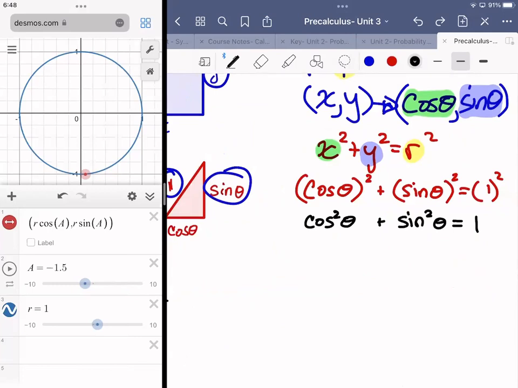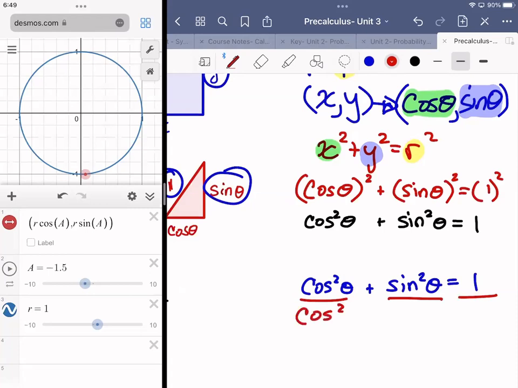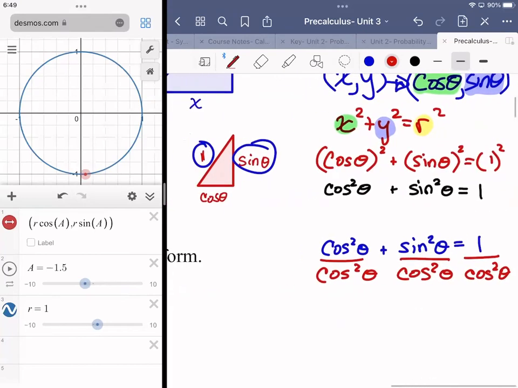Right? There's two corollaries to this, right? Two add-ons to this rule. And that is, if I take the cosine squared theta plus sine squared theta equals 1 and divide each part of it by cosine squared theta, we get a new rule, right?